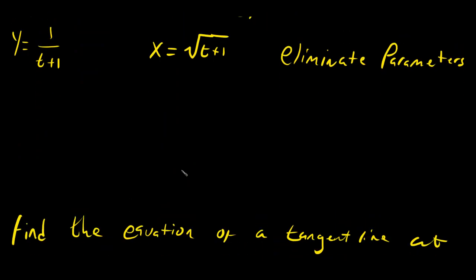Looking at this first problem, eliminate the parameter. What that essentially means is you want to get this in terms of x and y, and take out t. You don't want to have a t.